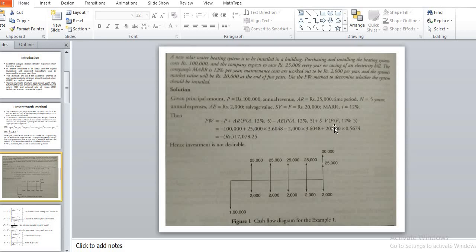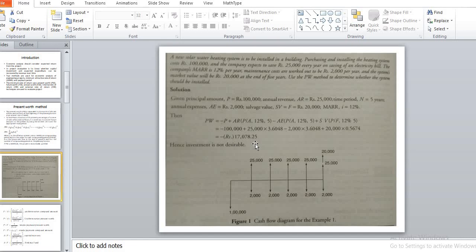And with all these factors substituted, the present value comes as minus 1778 rupees and 25 paisa.